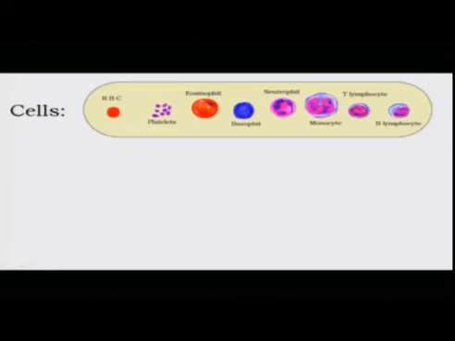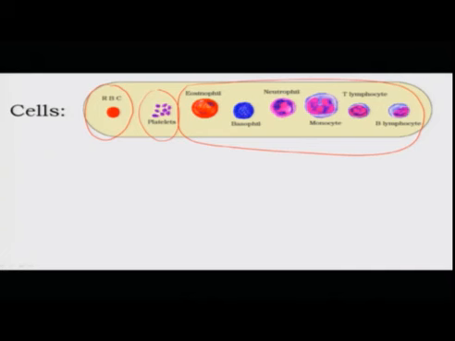Now, moving on to the cells. This is an image that shows you all the major components of the cells that are present within the blood. You can see here that there are the RBCs, which are the red blood cells. There are the platelets, which are also known as the thrombocytes, and then you have a whole lot of cells which are known as the white blood cells together. But the white blood cells are of various kinds.